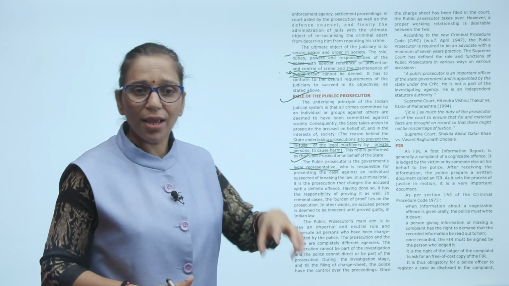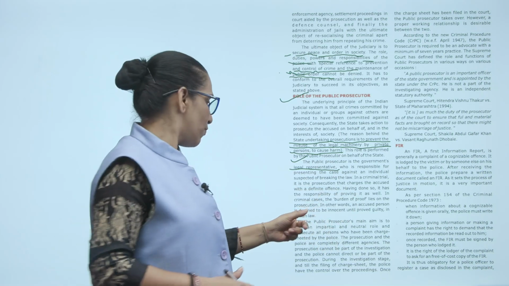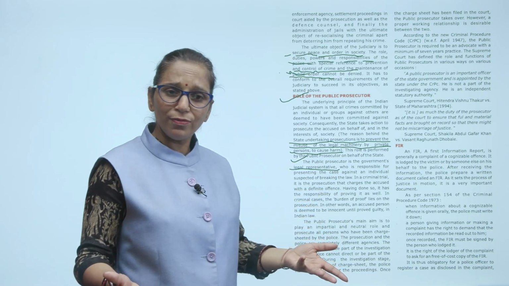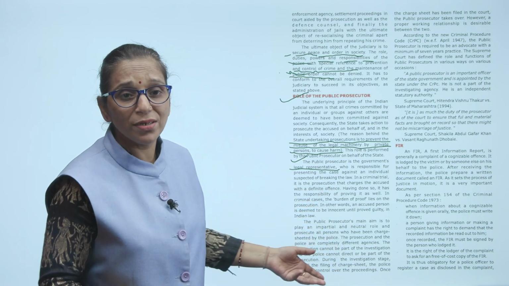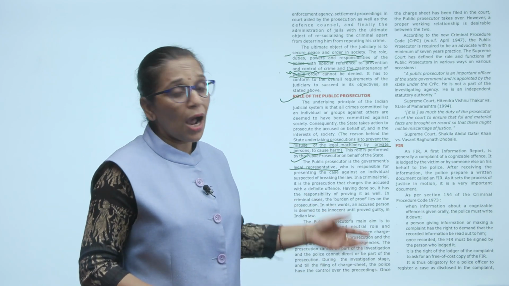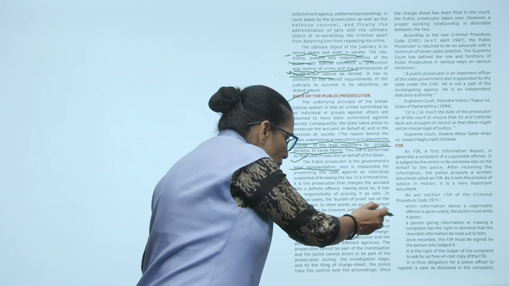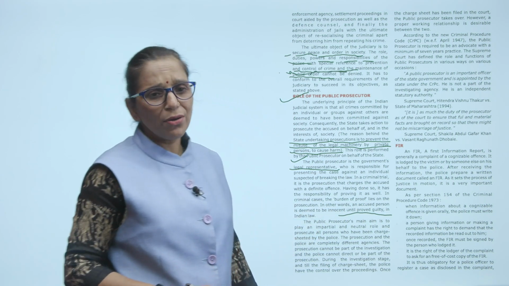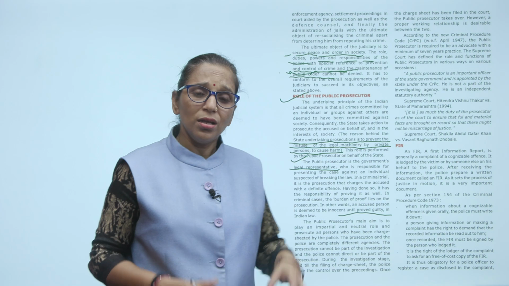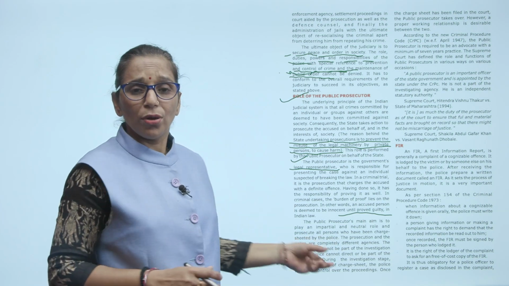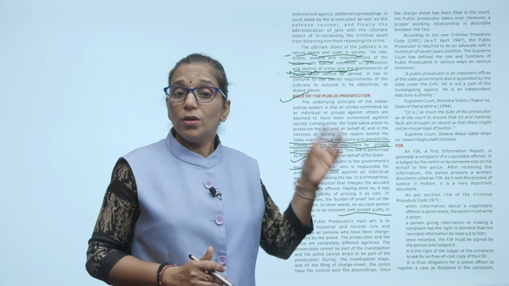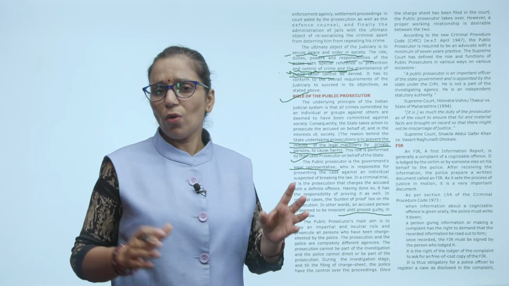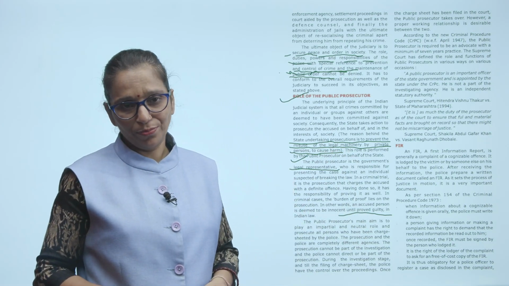He has done this crime. So all the burden of proof lies on the prosecution. Give the proof. In other words, an accused person is deemed to be innocent until proved guilty in Indian law. You cannot say that he or she is the criminal until you are able to prove him or her guilty. So give all the evidences in the court.